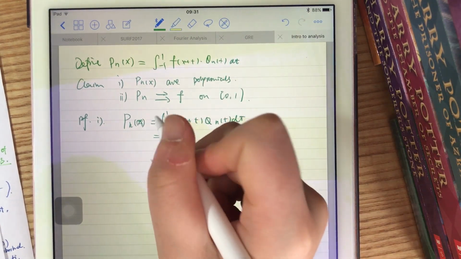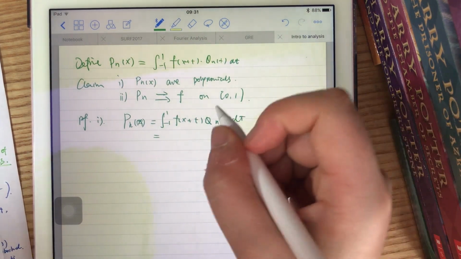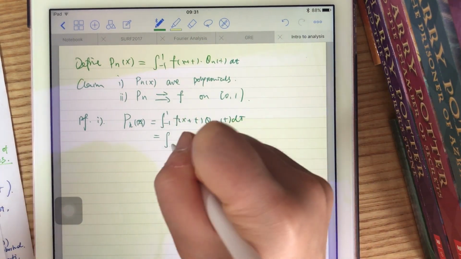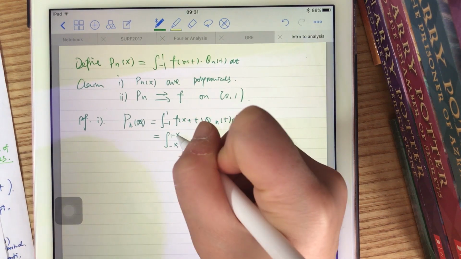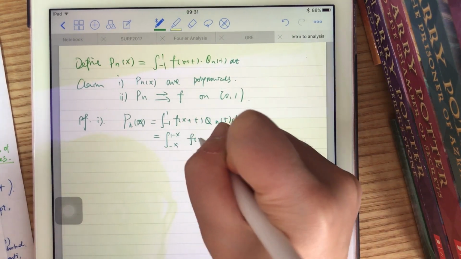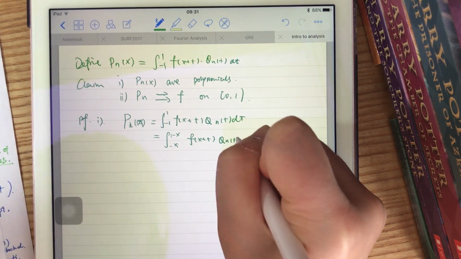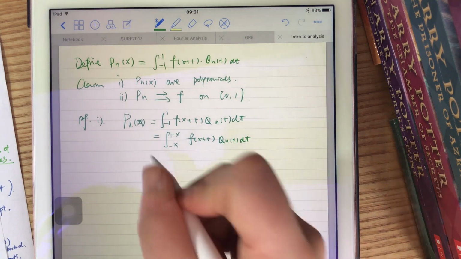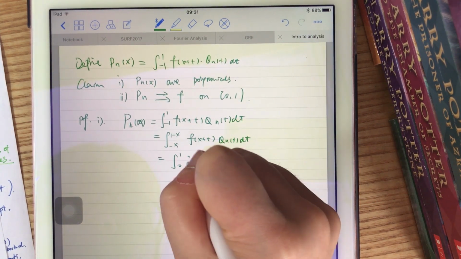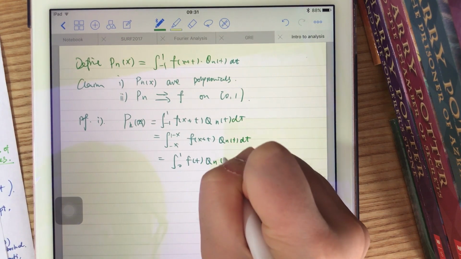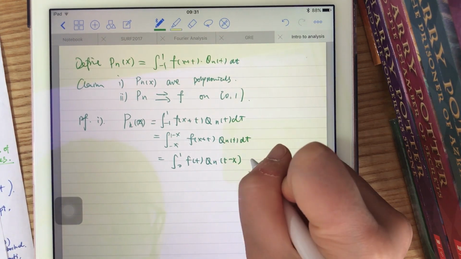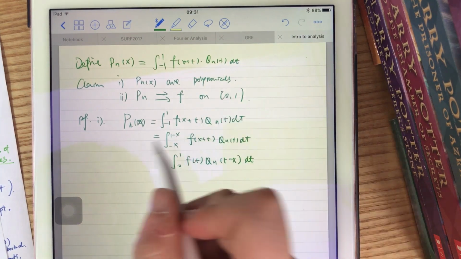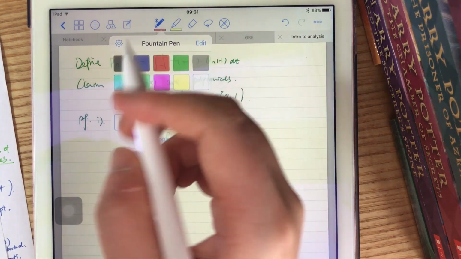Here we change a little bit of the variable.